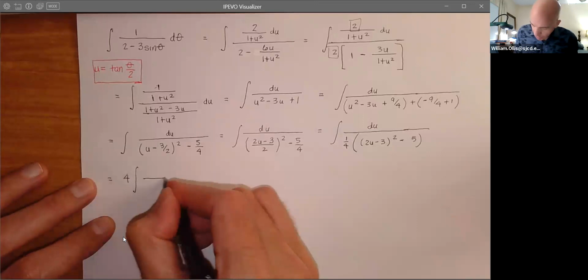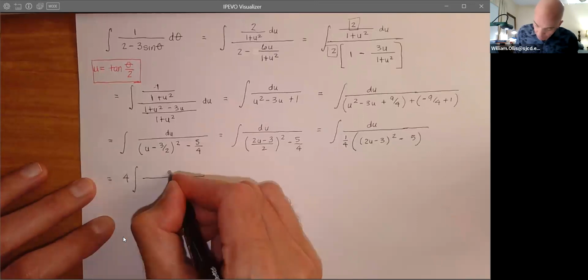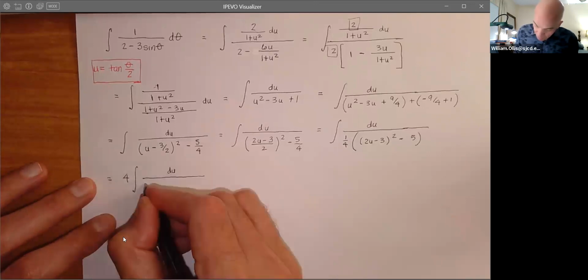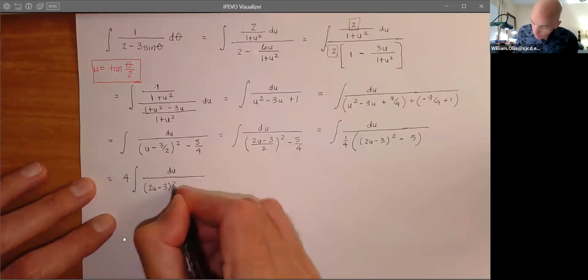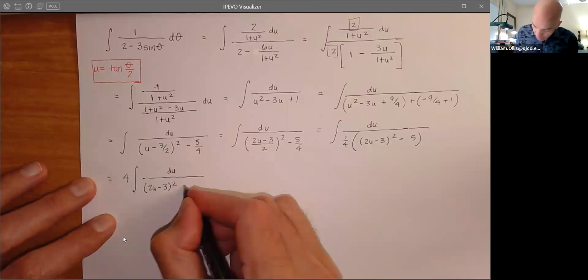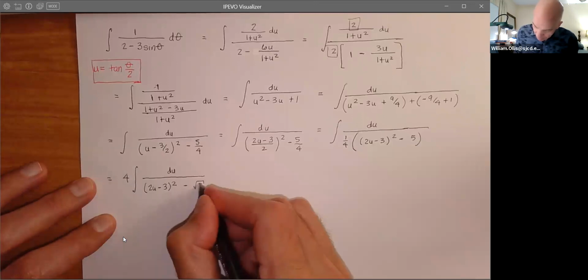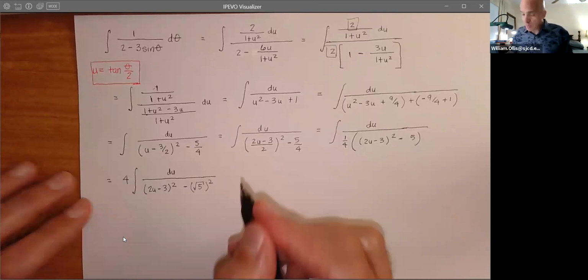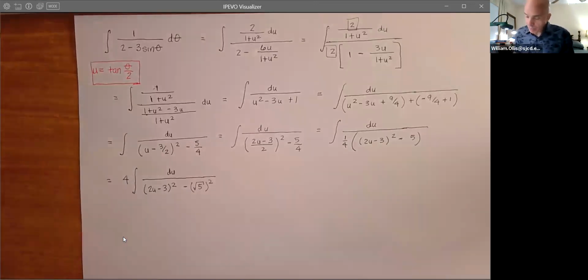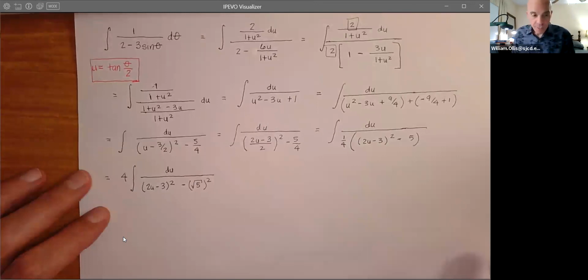And this is starting to look like a formula that we already know. So we have 2u minus 3 squared. And of course, write that as a square. Now the formula that we did last week, I'm just going to write it where we can see it to the side here.